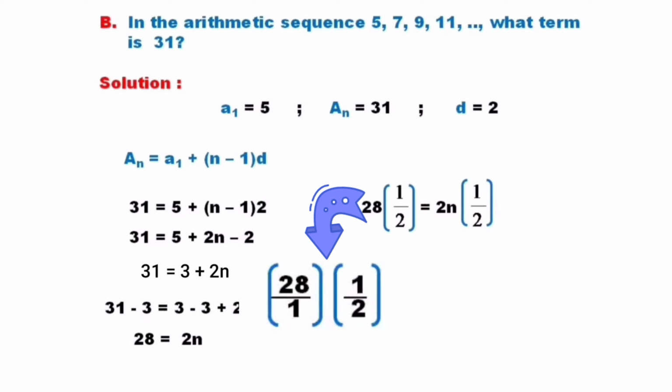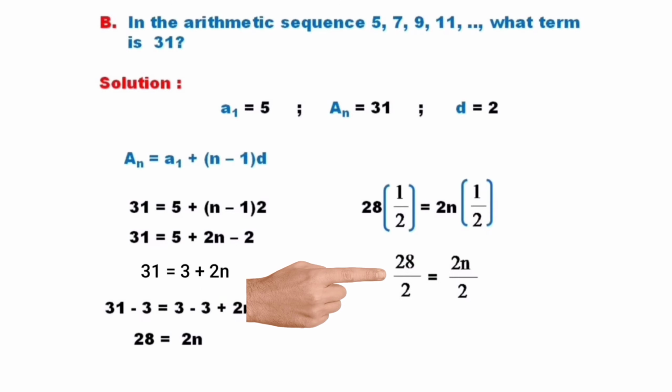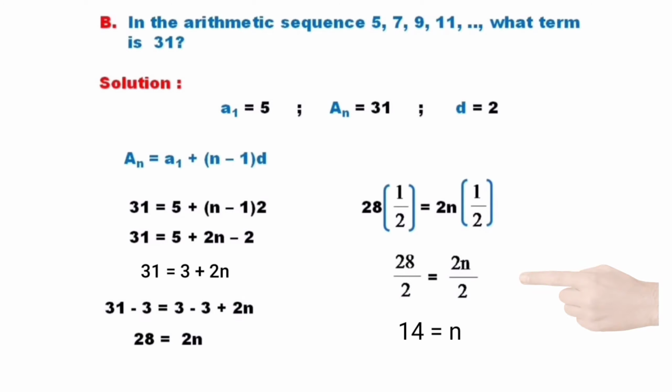For the denominator, 1 times 2 equals 2. On the other side, 2n times 1 equals 2n. Then, 1 times 2 equals 2. So simplifying, 28 divided by 2 is equal to 14. Then 2n divided by 2 is equal to n. So n, or the number of terms, is 14.